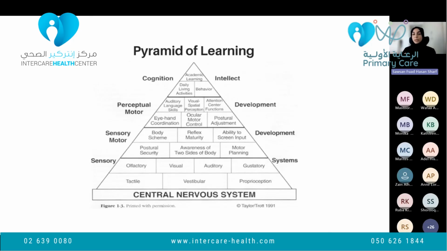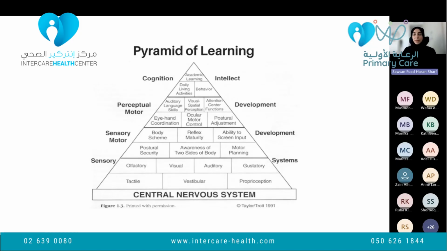So the child will learn how to coordinate the eye with the hand, the eye with the foot, and adjust the posture and do the visual skills like ocular motor control, scanning, and screening items with the eyes as well. And at the tip of this pyramid, we have the cognition skills, which are the learning and participating in daily activities, and also the behavior.